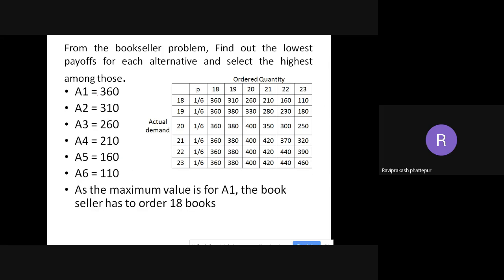Now coming to the problem, the bookseller problem, which you might have noted down. I've given you the payoff matrix which you have already found out earlier. From the bookseller problem, find out the lowest payoffs for each alternative and select the highest among those.